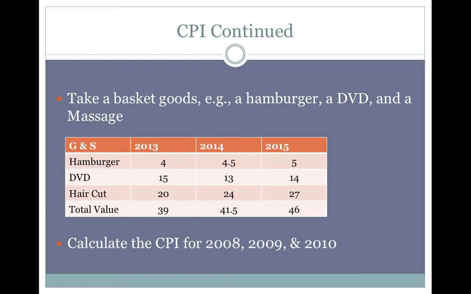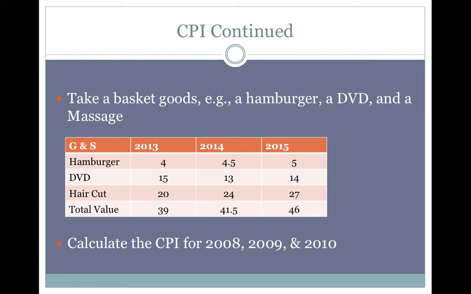So if we just take 2013 as the base year, we'll call that year 100, the benchmark, sort of the zero point in this formula. So let's go ahead and calculate that. Divide the basket price in 2014 over 2013, times 100, and then do it again in 2015 and see what the CPI says. Go ahead and pause the video and start it again when you have calculated.